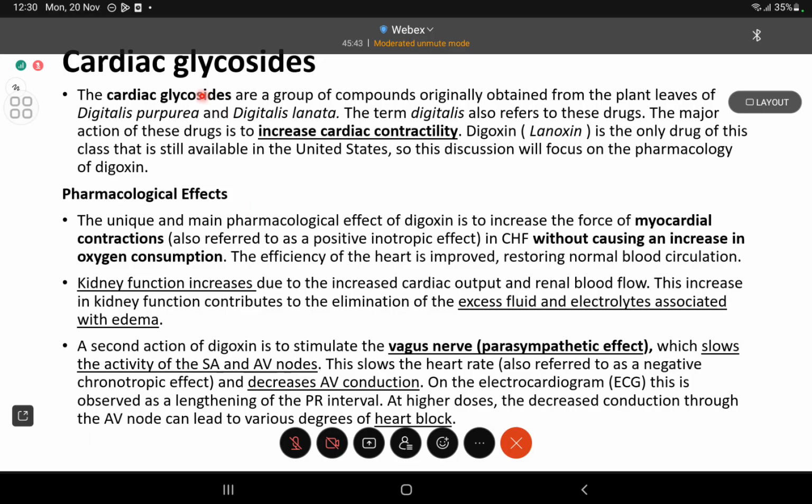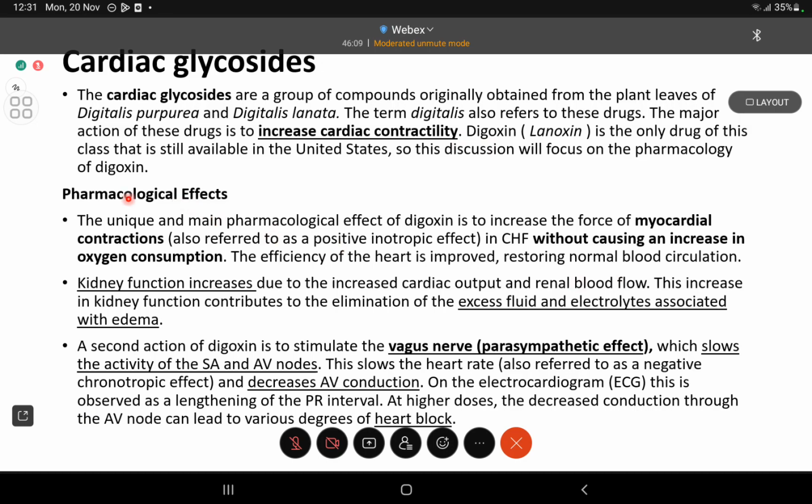So cardiac glycoside is isolated from a plant we call Digitalis lanata. This drug is able to increase the cardiac contractility, which means it helps the heart to contract.